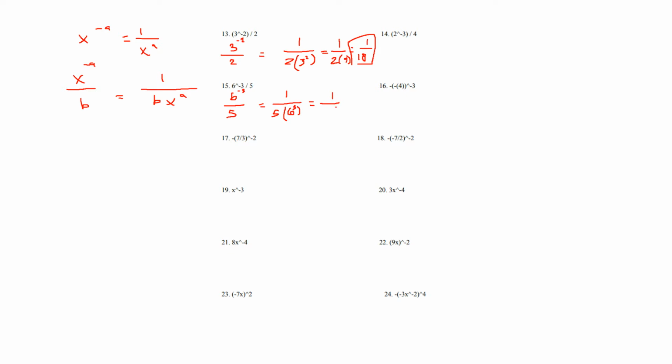And 6 to the power of 3 is just 6 times 6 times 6, or 36 times 6, which is 216. So 5 times 216 is 1 over 1080.